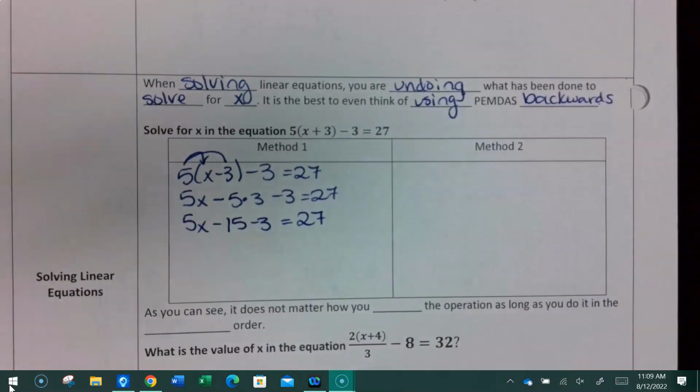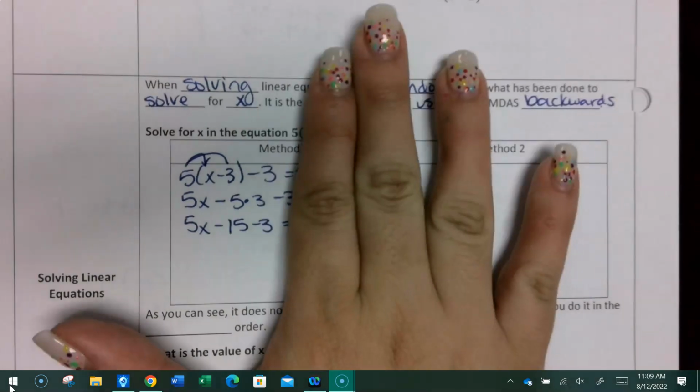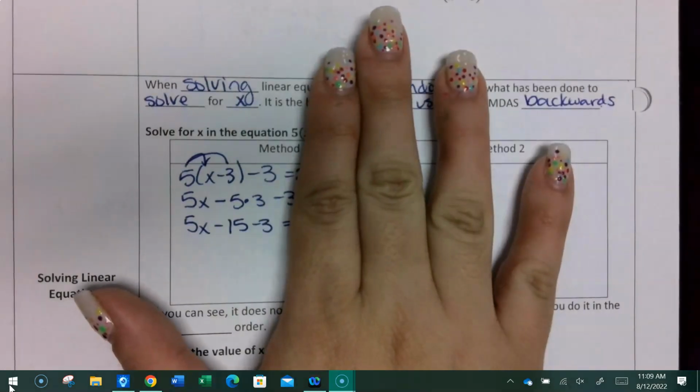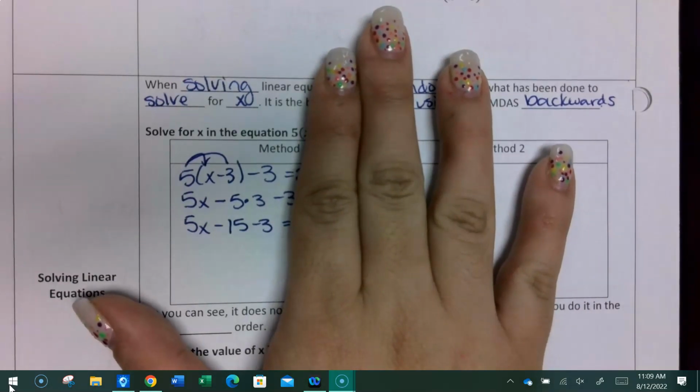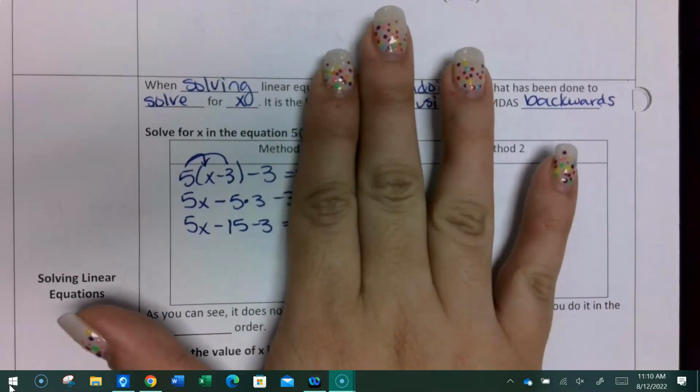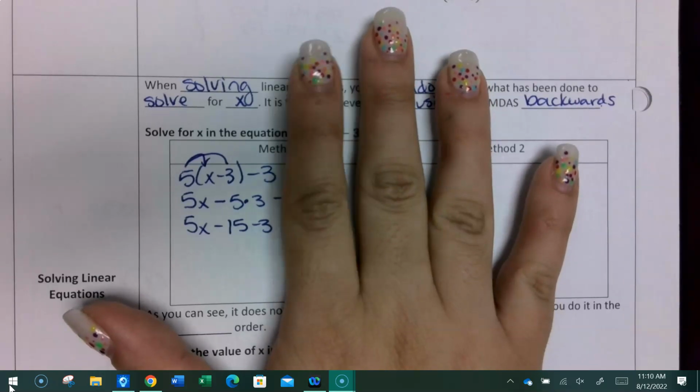Okay, what should I do next? So, in this method, I'm ignoring the 27 until the very end. So what else can I do to simplify the left side? So I could subtract the negative 3 from negative 15.